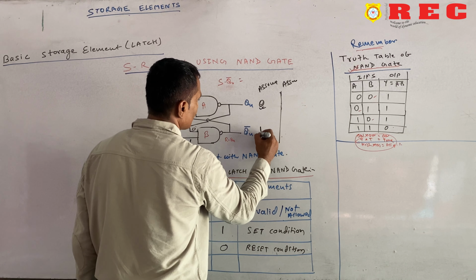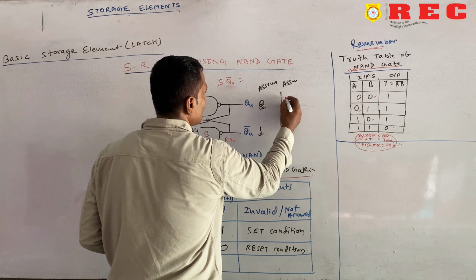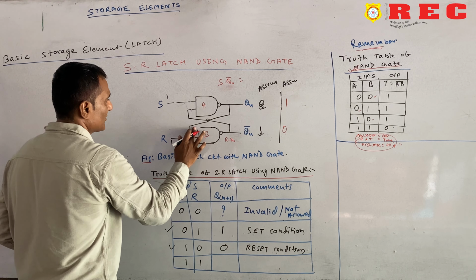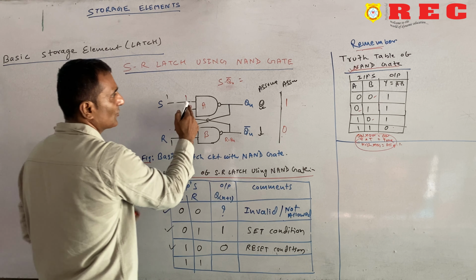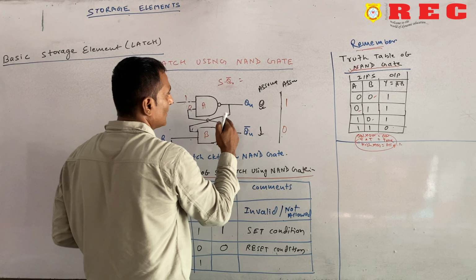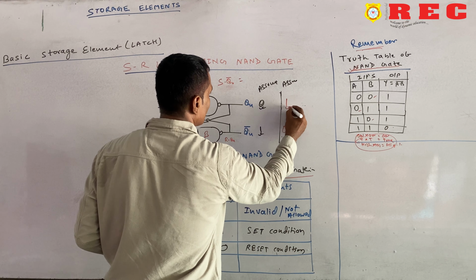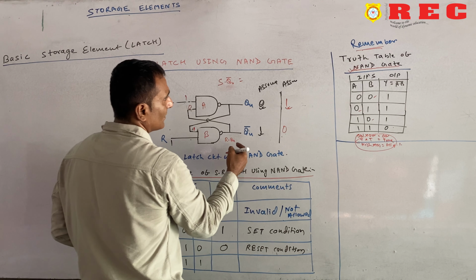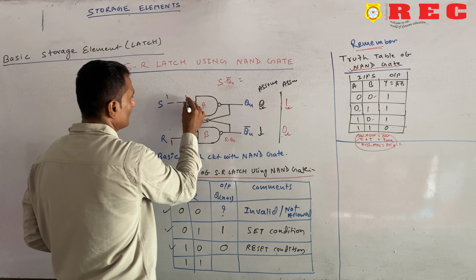Let's see the next one. If we assume 1 and 0, what will happen? The same condition. This 0 will come here, already 1 here, so 0 and 1, any input is 0, the output will be 1. So here already 1. Again this 1 will come here, 1 and 1, it will be 0, already the 0.